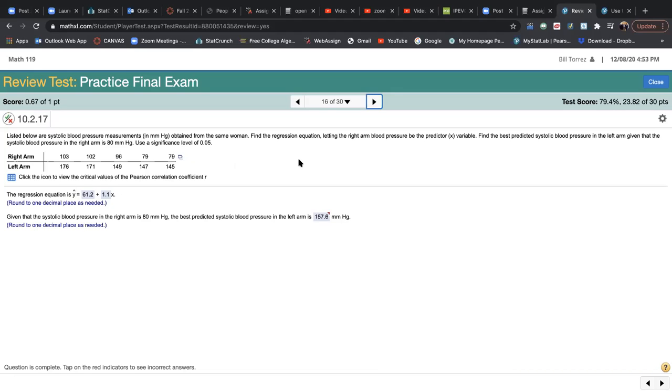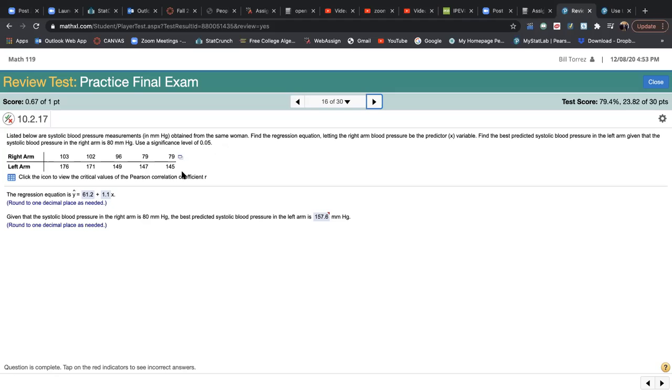Find the regression equation, letting the right arm blood pressure be the predictor, x variable. Find the best predicted systolic blood pressure in the left arm, given that the systolic blood pressure in the right arm is 80 mmHg, and use a significance level of 0.05.